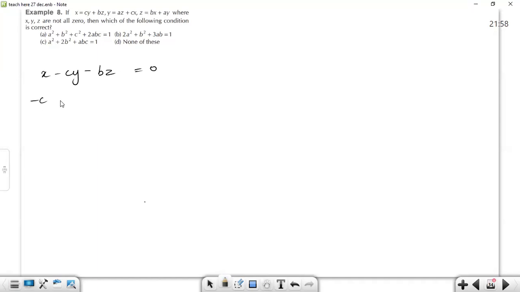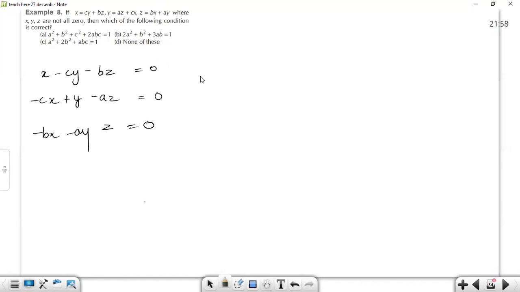Minus cx plus y minus az. Now I have smartly written the x term first, y term second, z term third. You have to maintain the order. Then z minus bx minus ay is equal to 0.